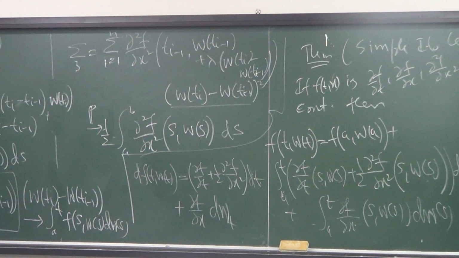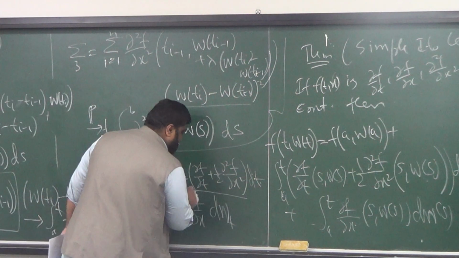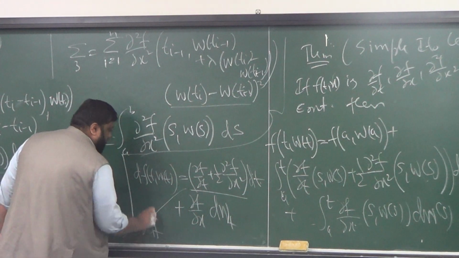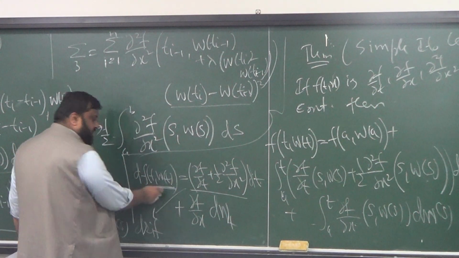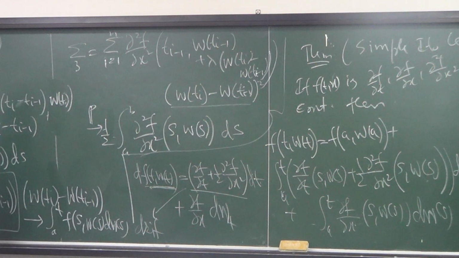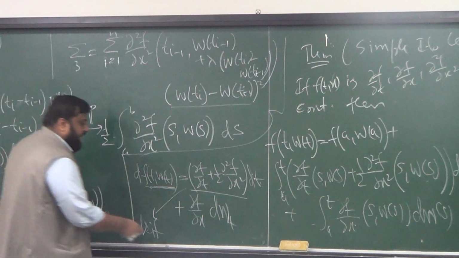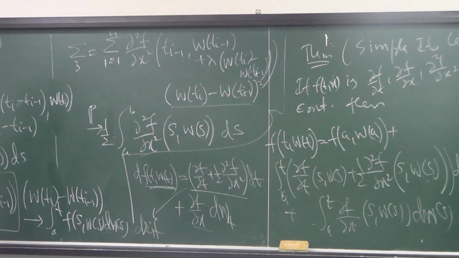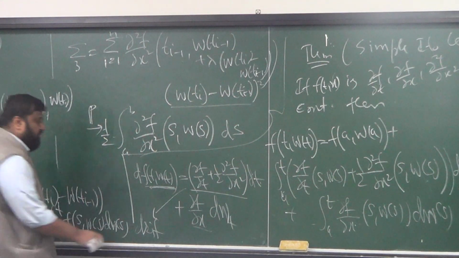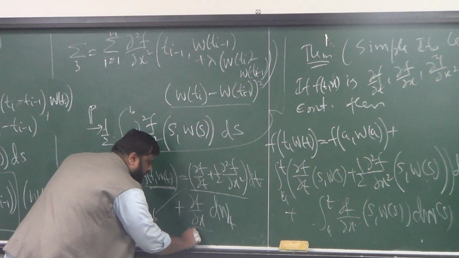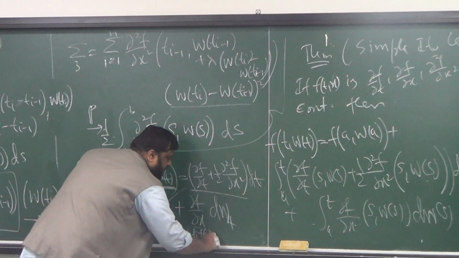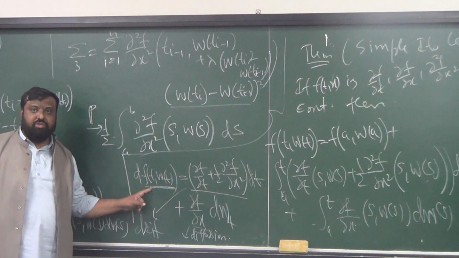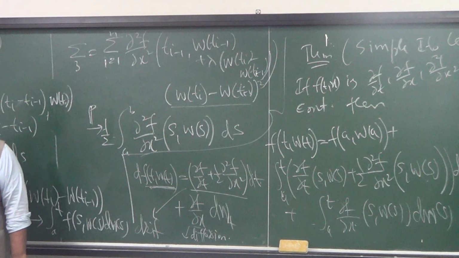This dt part is called the drift of this process, whatever this process is. And the coefficient of dw of t is called the diffusion of the process. Which process? This process, f of t, w of t.